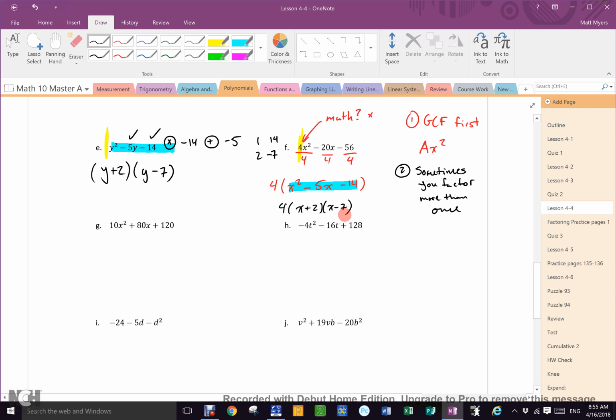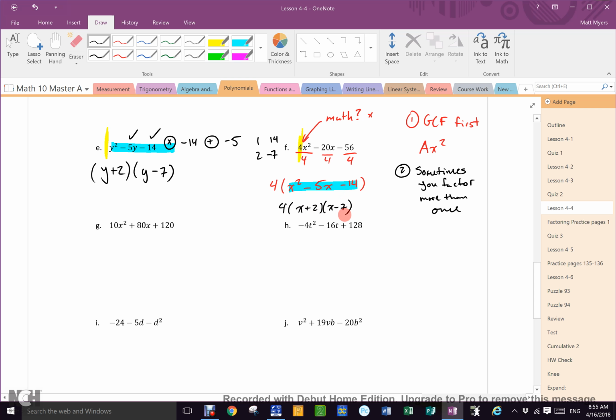Now, I need numbers that do what to 12? Multiply to 12 and add to... What do they have to add to? He waited patiently. 8.